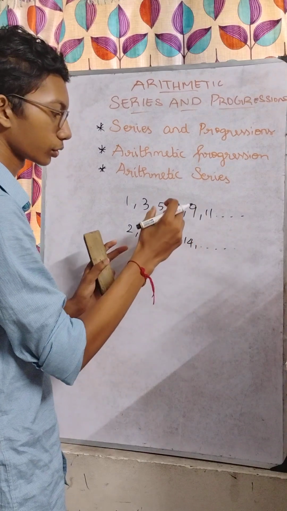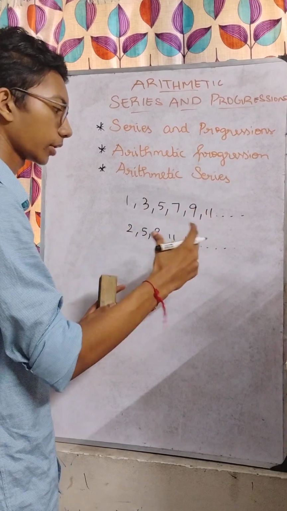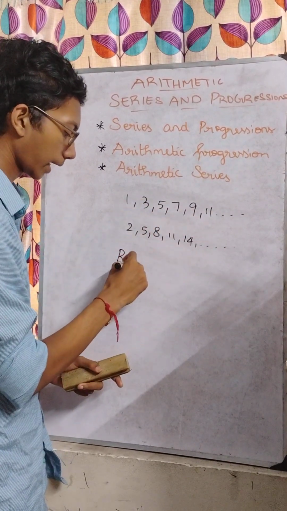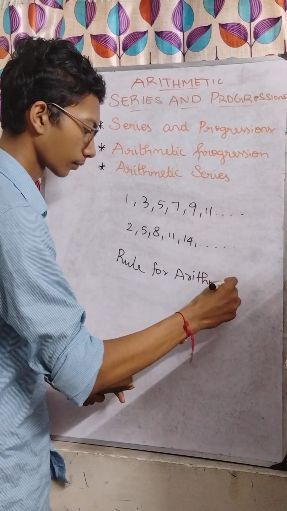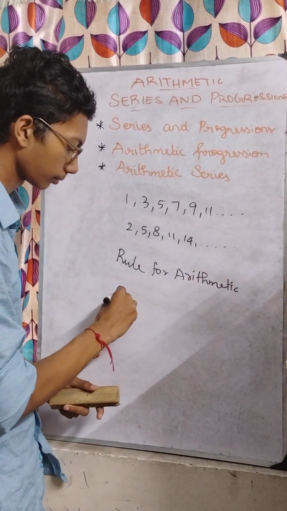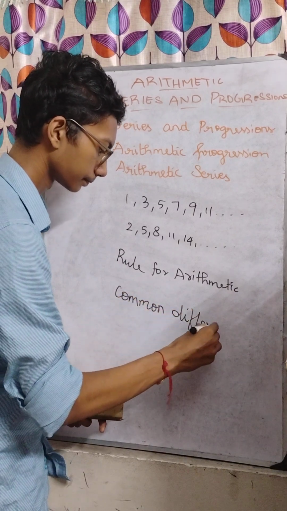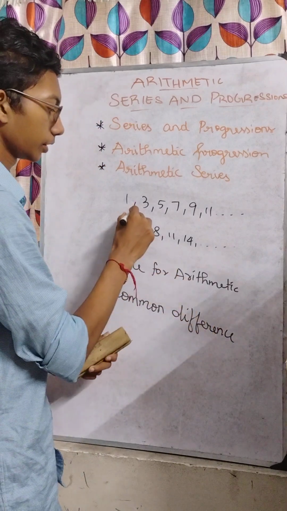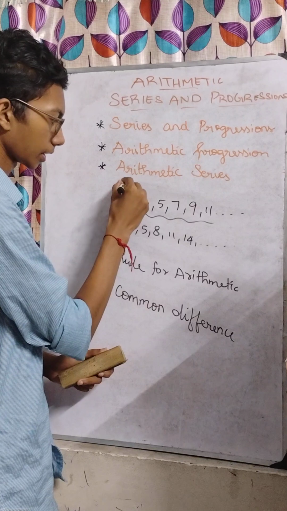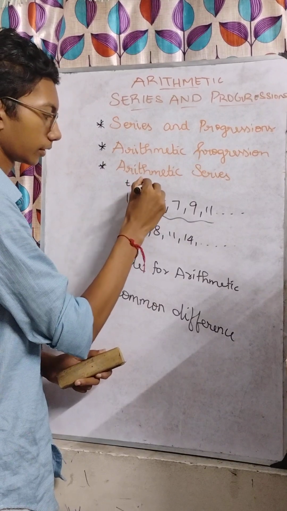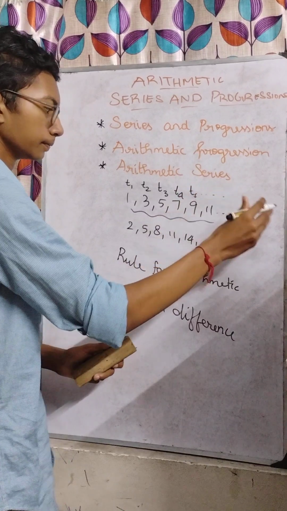How should you say whether a progression is arithmetic, geometric or anything else? For arithmetic, we use a term called common difference. Let's take the terms as term 1, term 2, term 3, term 4 and it goes on.